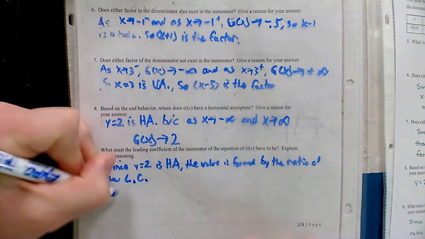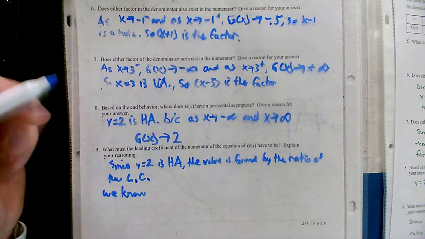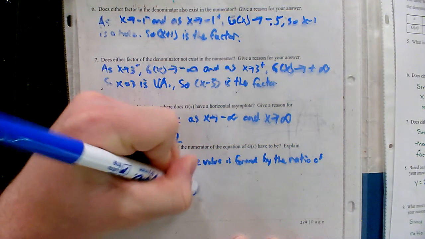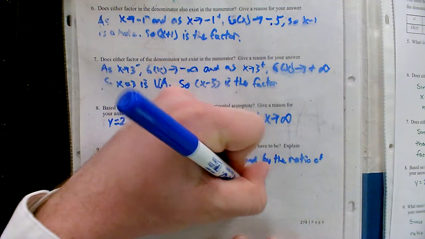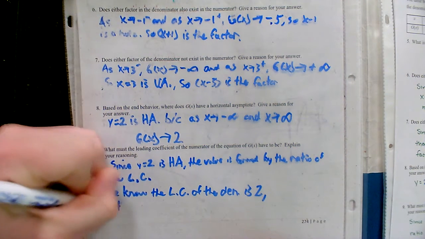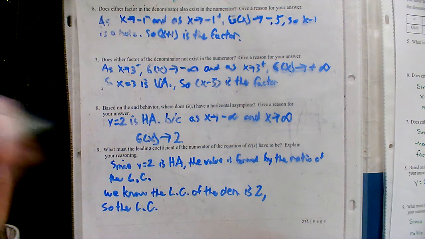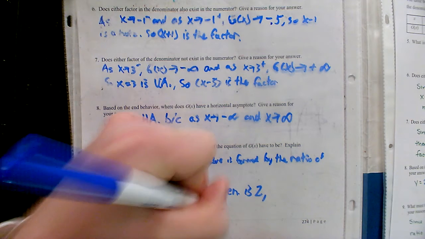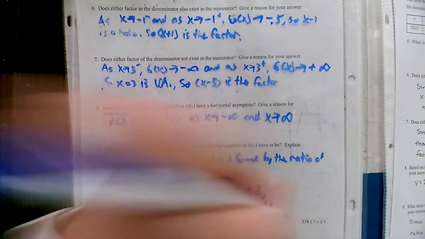We know the leading coefficient of the denominator is 2. So the leading coefficient of the numerator must be 4.